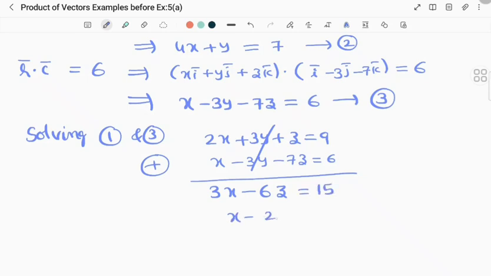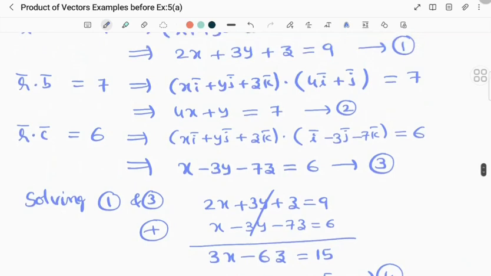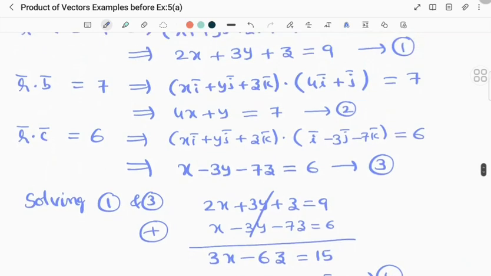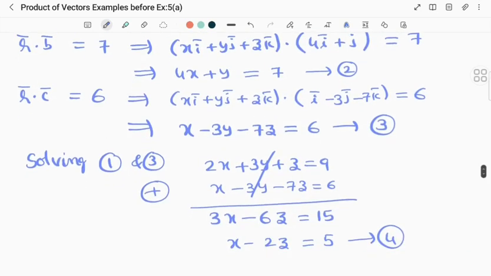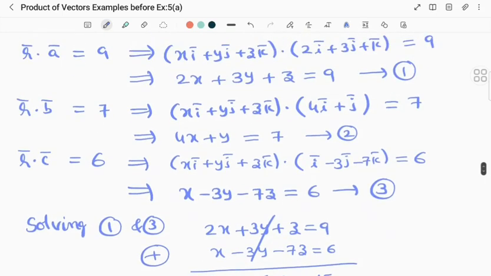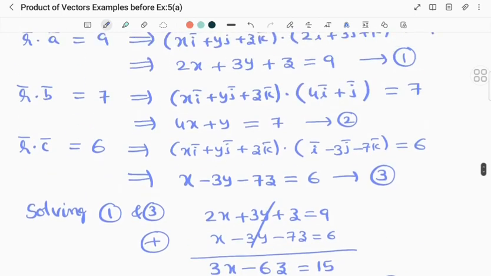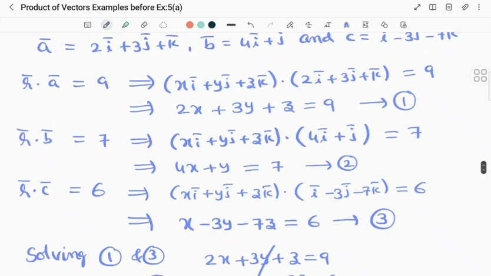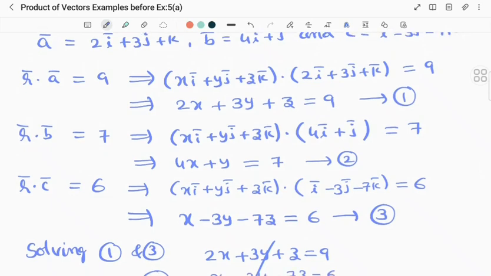So x minus 2z equal to 5. Equation number 4. Similarly, here I eliminated y value. So in other equations also, if we eliminate y, in terms of x and z will come. So better to solve 1 and 2.